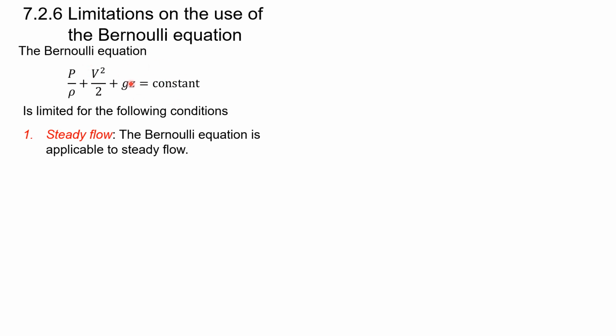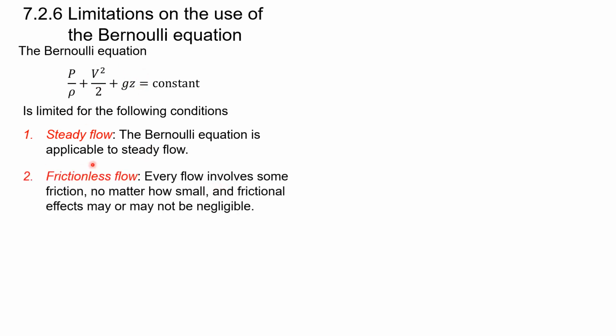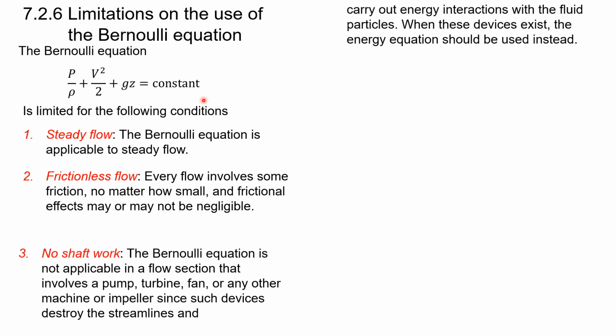Also, there must be no friction. Every flow involves some friction no matter how small, and the frictional effect may not be negligible. If the frictional effect is negligible, then you can use Bernoulli's equation.